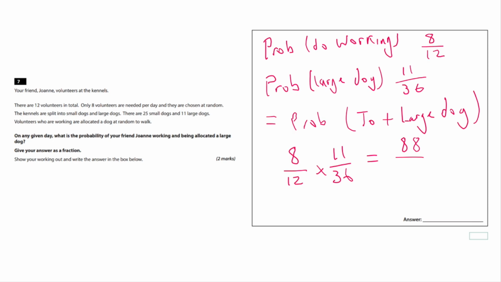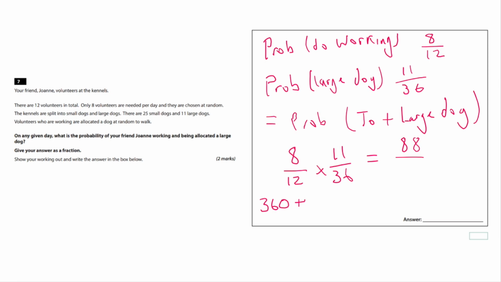and 36 times 12. Well, 10 times 36 would be 360. 360 plus 2 times 36.